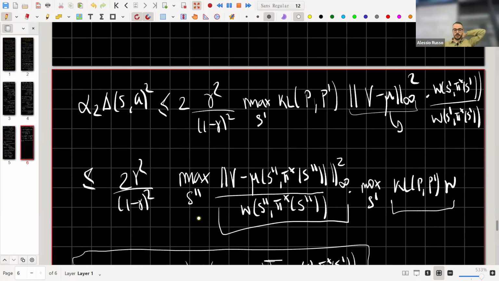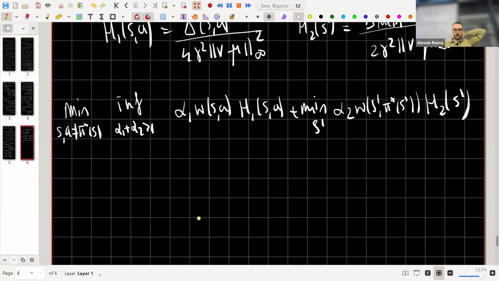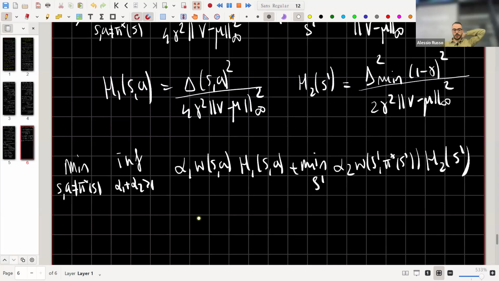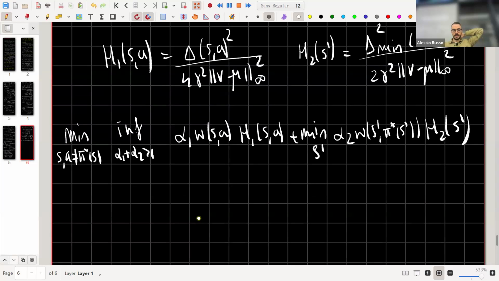So we make it tight. So we are taking the infimum over alpha 1 plus alpha 2 bigger than 1. But now the infimum over the open set is also equivalent to the infimum over the closure. And since this is a convex problem, the optimum will be attained at alpha 1 plus alpha 2 equal to 1.